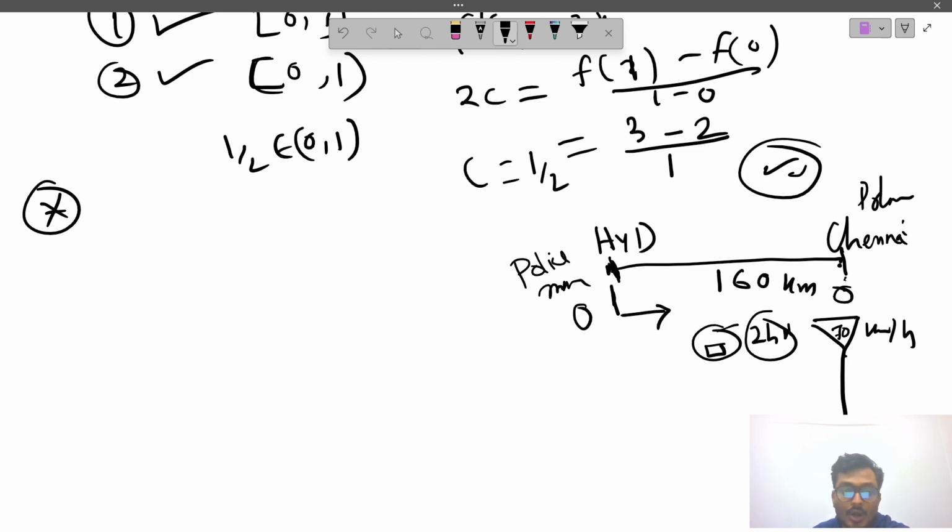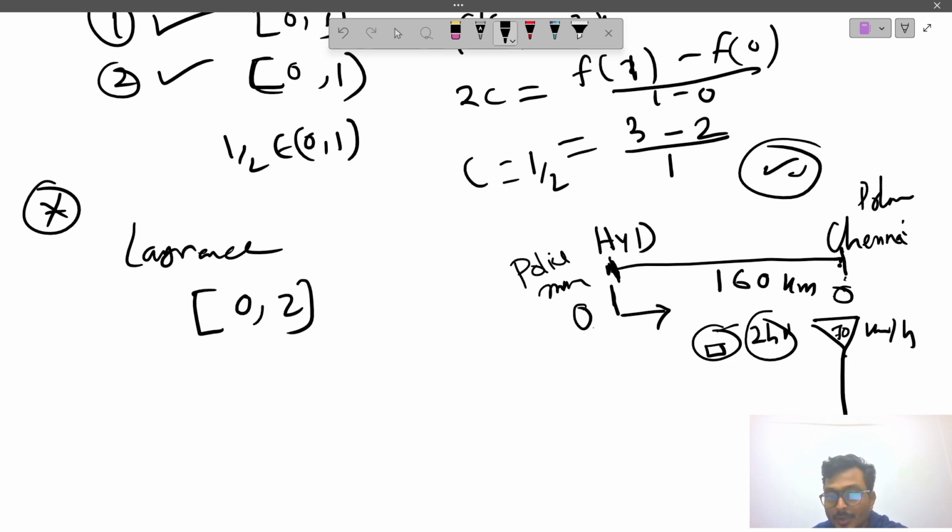So how will Lagrange's theorem be applicable here, so that they can find whether you crossed the speed limit or not? Here we are talking about the interval 0 to 2 because we are talking about time interval 0 to 2. Now what is f of 0? F of 0 means distance. So f of 0 is 0, our distance is 0.